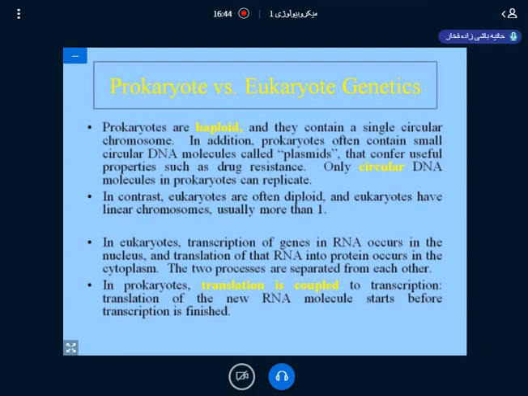Do you know the difference of genome, prokaryote or eukaryote? Do you know?